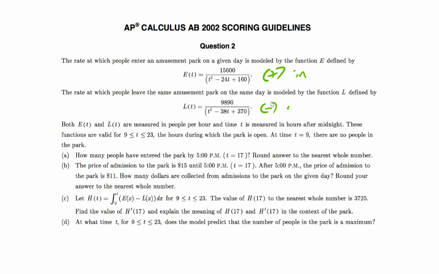Both E and L are measured in people per hour, and t is measured in hours after midnight. These functions are valid from 9 to 23, the hours during which the park is open. At time 9, there are no people in the park, so my initial value is 0.